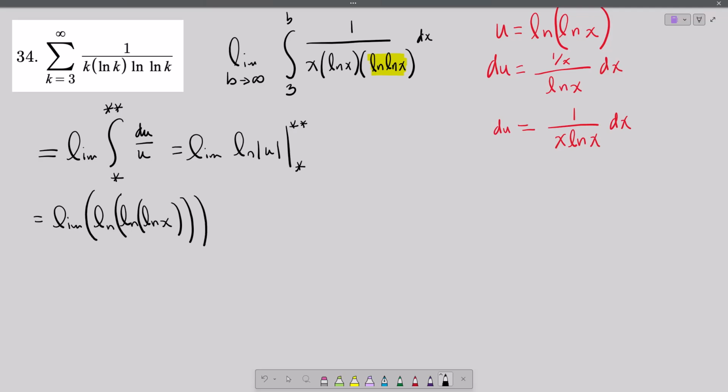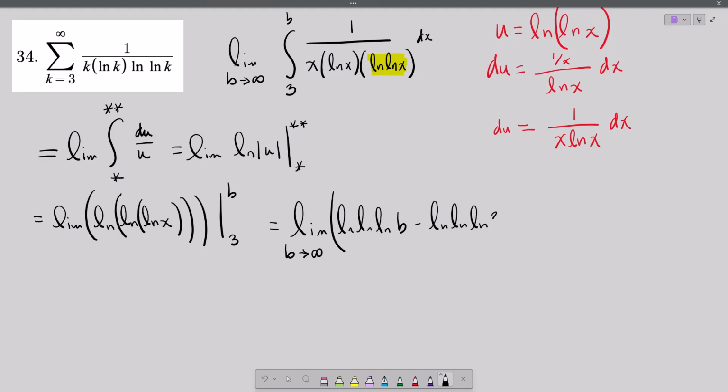That makes it easier. And now we're back to our original limits of 3 to b, and our limit is as b goes to infinity. So we're going to have the limit as b goes to infinity of ln of ln b minus ln of ln 3.